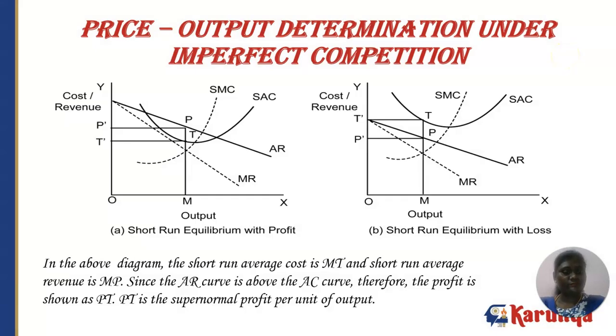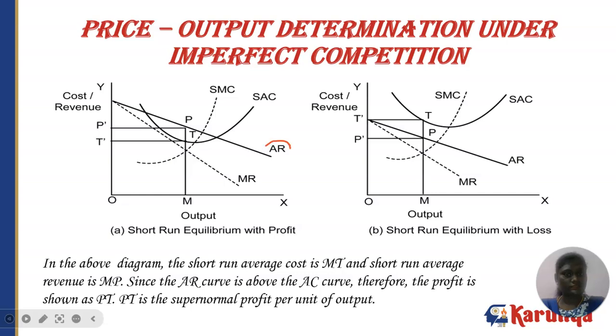So in the above diagram, the short run average cost is MT and the short run average revenue is MP. Since the AR curve is above the AC curve, the profit is shown as PT. Let me just show it to you.